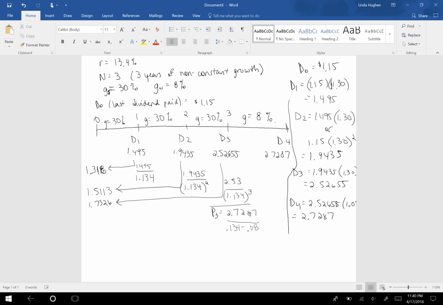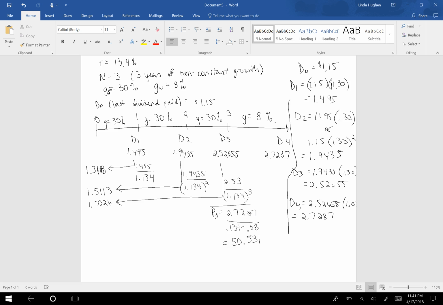So if we take 2.7287 divided by 0.134 minus 0.08, we get a price at time 3 of $50.53. So do we just add that to the present value of our 3 dividends? We can't do that. Something's missing if we were to do that.